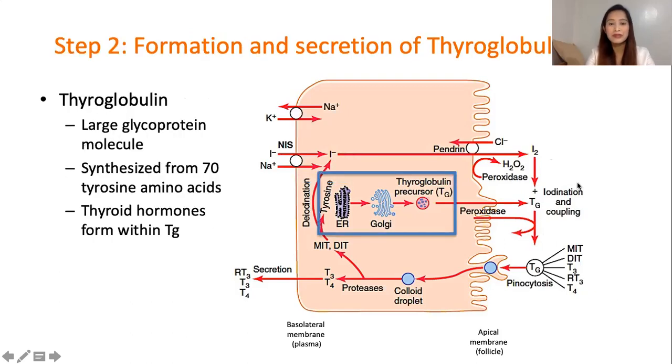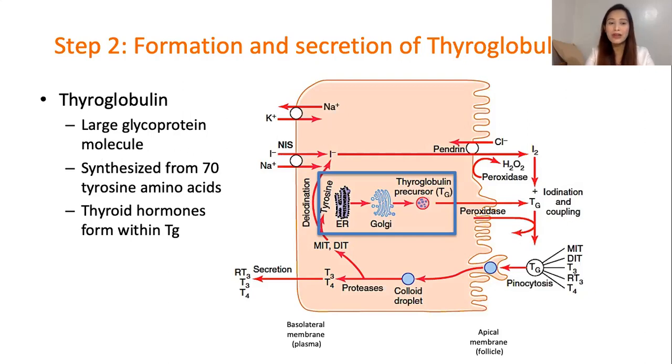So next, once your iodide enters the cell, at the same time, there's also formation and secretion of your thyroglobulin. Your thyroglobulin is a large glycoprotein molecule, so it's a protein with glucose residues. And it's synthesized from 70 tyrosine amino acids, because tyrosine is one of the amino acid precursors of your thyroid hormones.